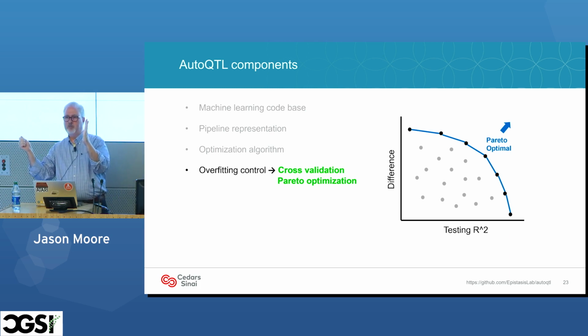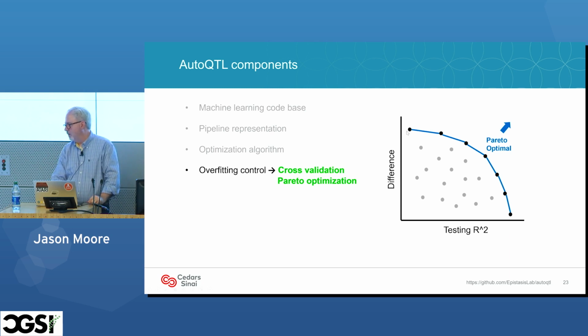Yes, we want a model that predicts well on the x-axis, but we also want a model that's not overfitting on the y-axis. And so here, what we do is we generate hundreds or thousands of pipelines. We put them in this two-dimensional space, and we identify what are called the Pareto optimal models here on the blue line, this outer edge. These are the models that best balance these two factors.